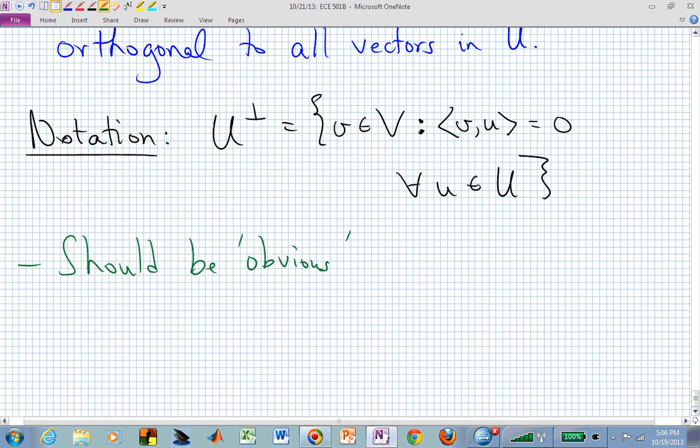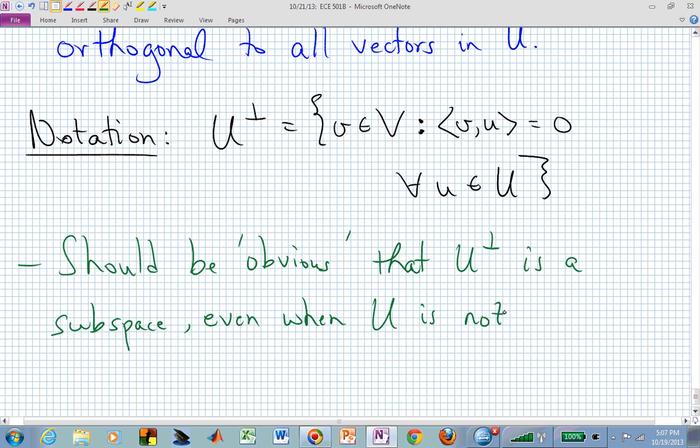It should be obvious, and I'll put obvious in quotes because we may want to convince ourselves why it's so obvious, that this U perp is actually a subspace, even though the U that we started with wasn't a subspace, it was actually just a subset in general.